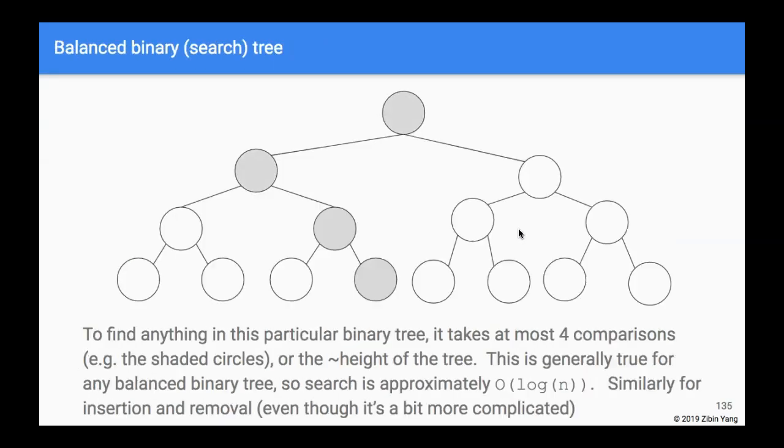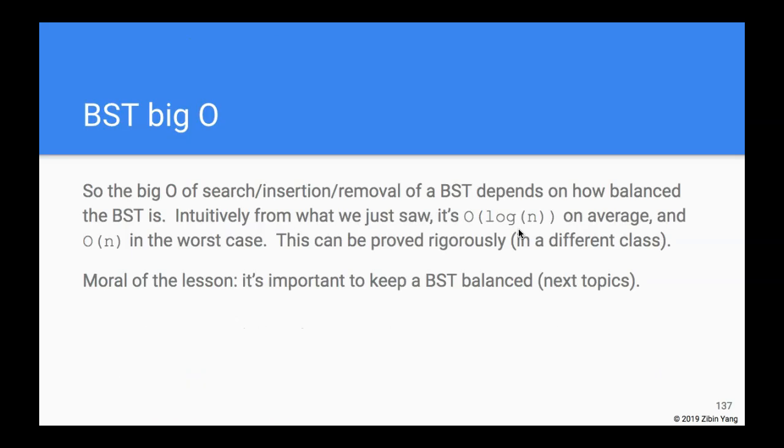But in the worst case, in this case, it is O of n. And yeah, this can be proved rigorously using math, but that would not be our focus in this class.